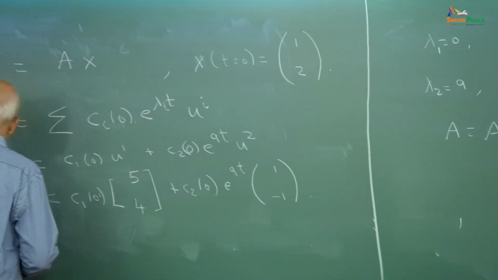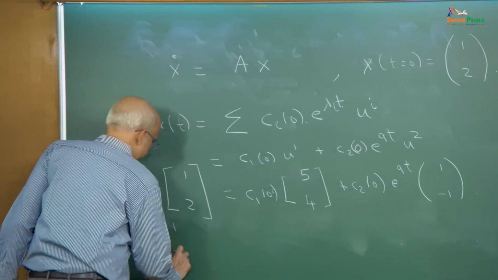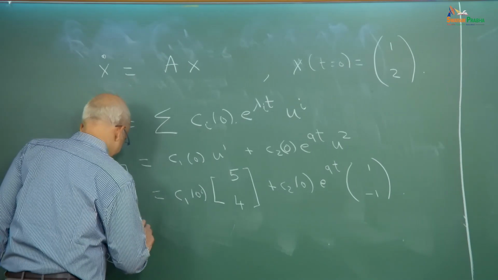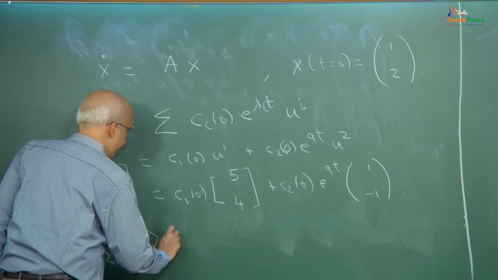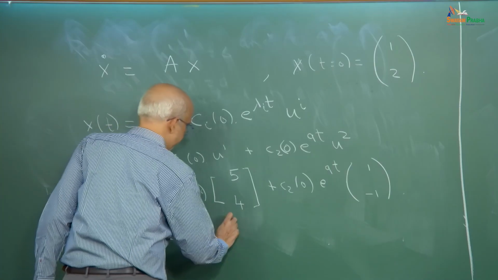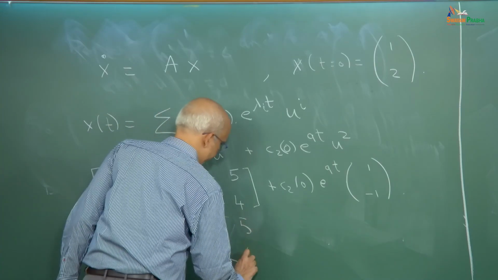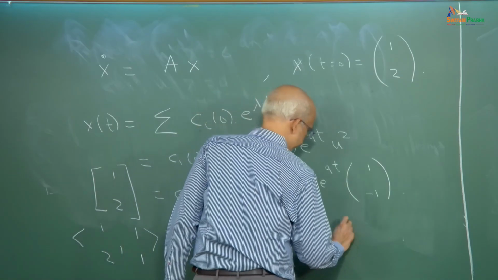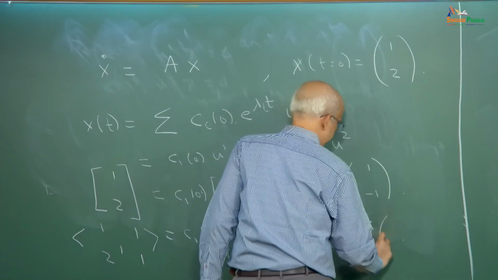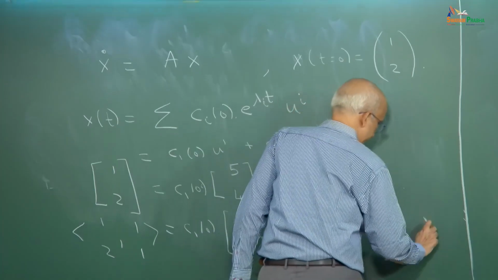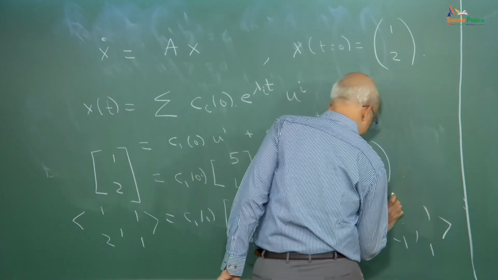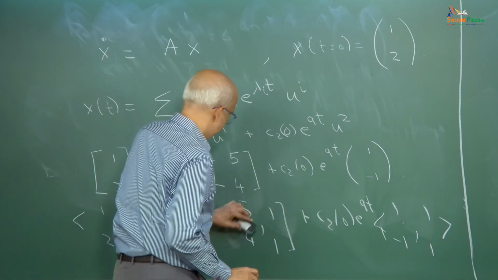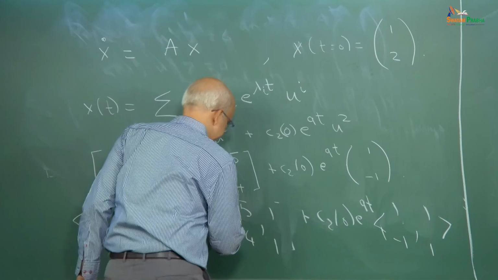So, we take the inner product of this with V1, which is 1 1, C1 of 0, 5 4 with 1 1, let me put a proper inner product sign.